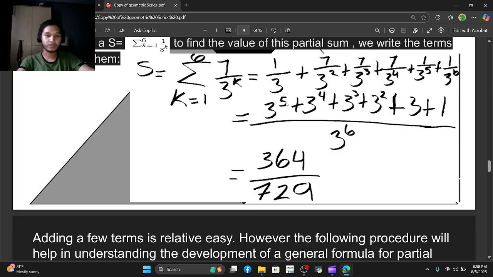So that's why we have 3 to the 5th, 3 to the 4, 3 to the 3, because we only need 3, 2, we only need 1, and this is really just simplifying that we have 1, because we have it in terms of 3 to the 6.